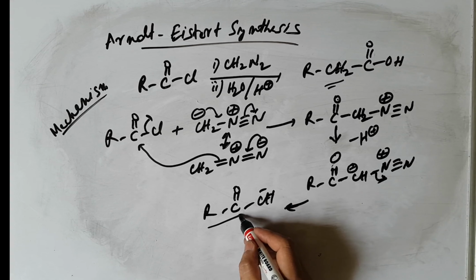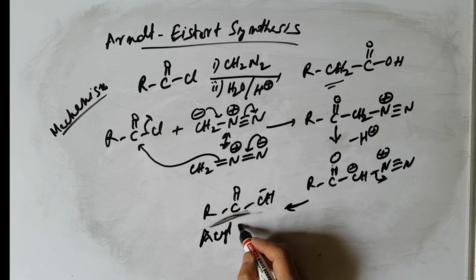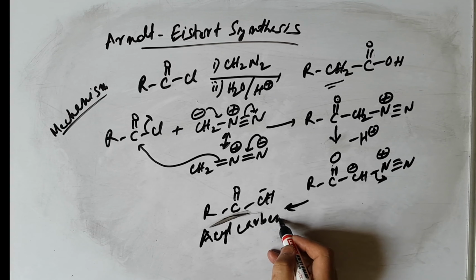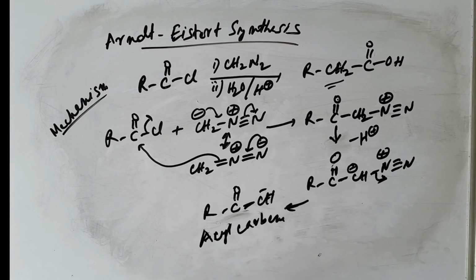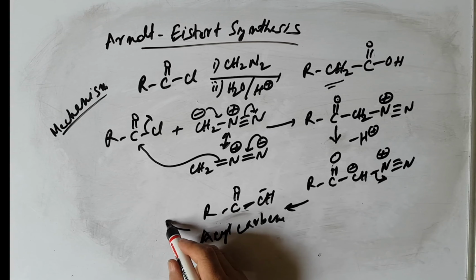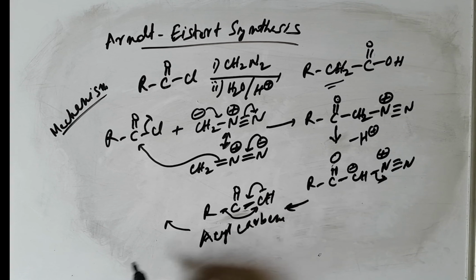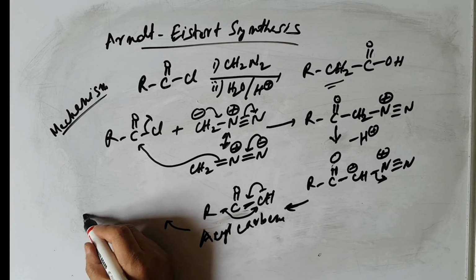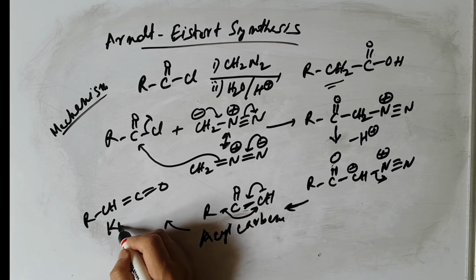It's going to be acyl, so it's called an acyl carbene. Once the acyl carbene is formed, rearrangement takes place. This will migrate like this. So you get R-CH=C=O, a ketene.